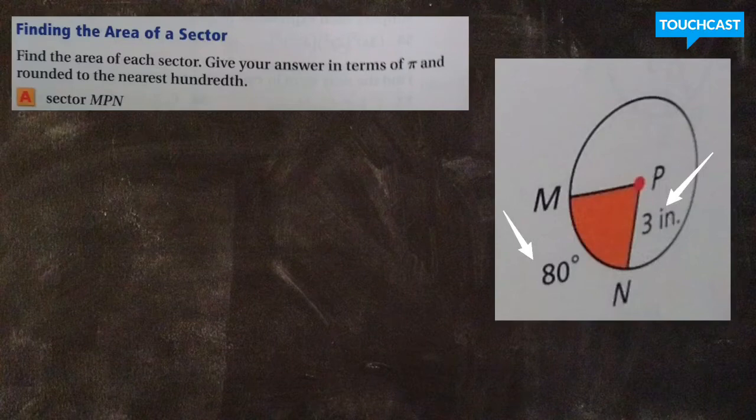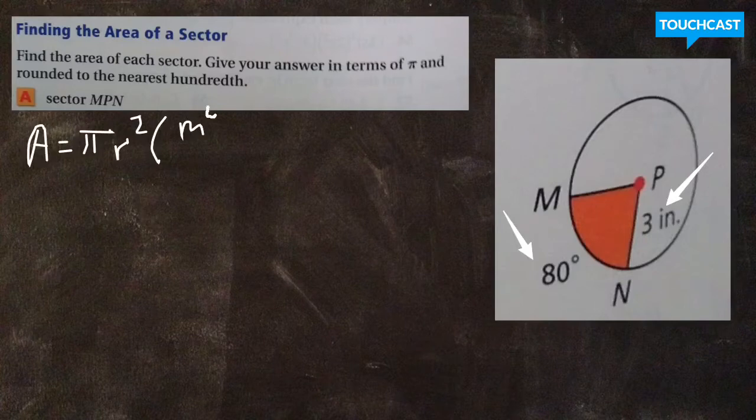So let's start by writing out the area formula. The area formula is A is equal to pi times the radius squared times our angle measure in degrees divided by 360 degrees, because a circle is made up of 360 degrees.